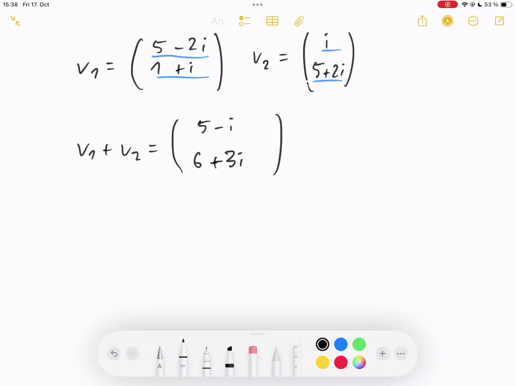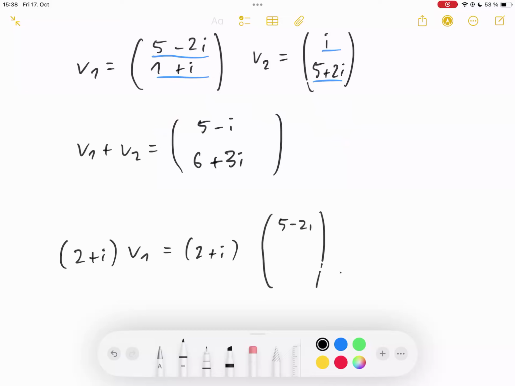We can also do the scalar product and all of this. Obviously, we can do a scalar multiplication. Say I have a complex number which is 2 plus i, and I want to multiply this with V1. So 2 plus i, and we multiply this element-wise with V1.